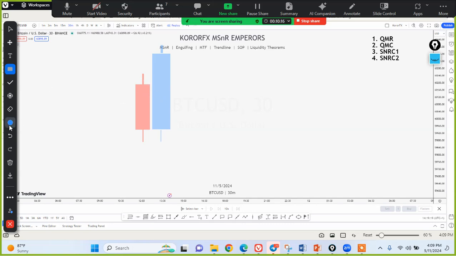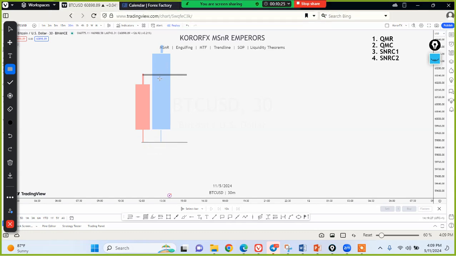So here we can see that this high has been broken, okay? That means engulfed, and this is called bullish engulfing. The engulfed zone we always want to remember is not the wicks.